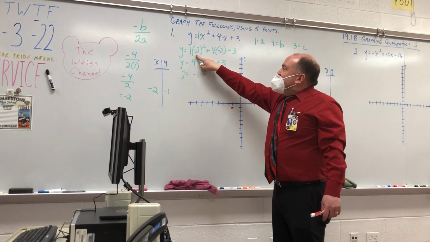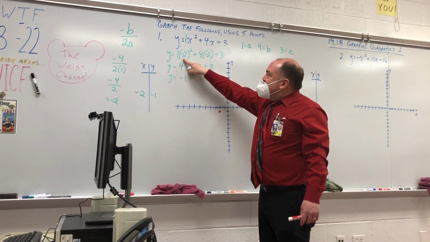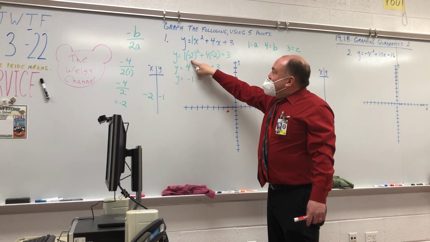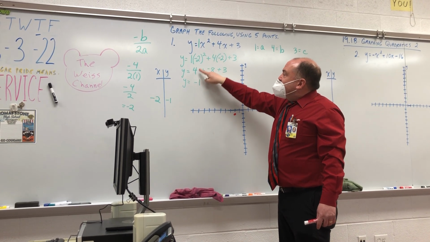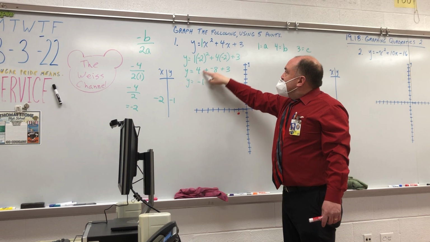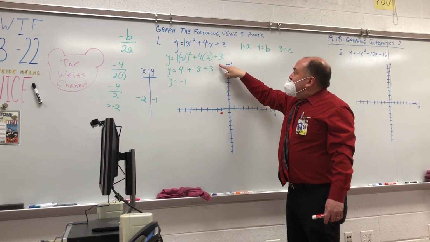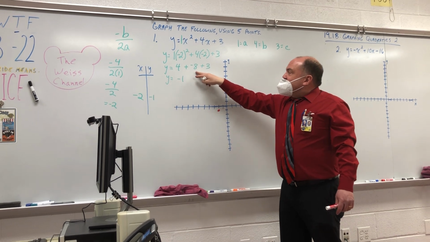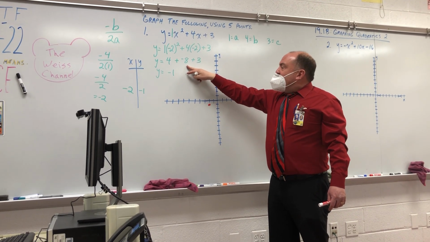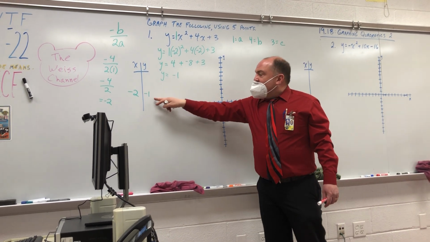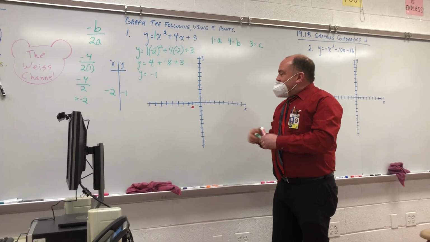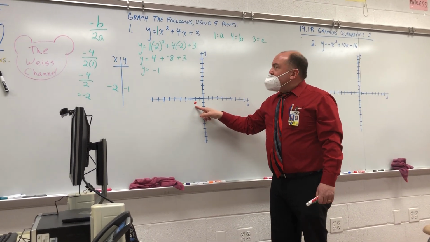Negative 2 times negative 2 is positive 4. 4 times negative 2 is negative 8 plus 3. 4 plus negative 8 is negative 4, plus 3 is negative 1. So that gives me the point negative 2, negative 1.